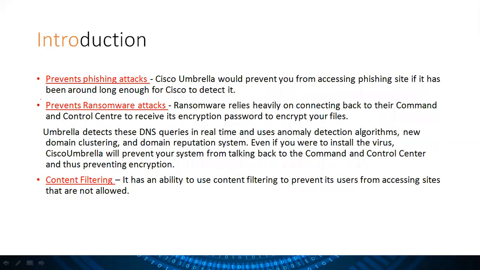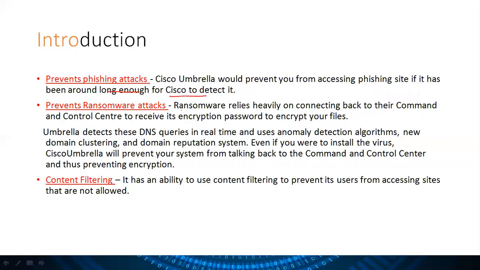Cisco Umbrella protects against phishing attacks, where it prevents you from accessing a phishing website, even if the website has not been on the internet for a long time for Cisco to detect it.